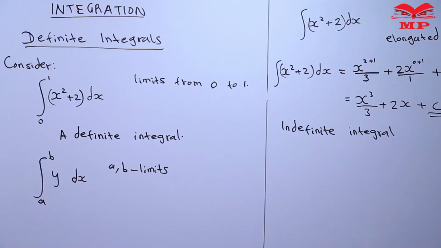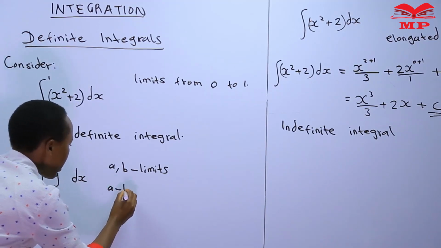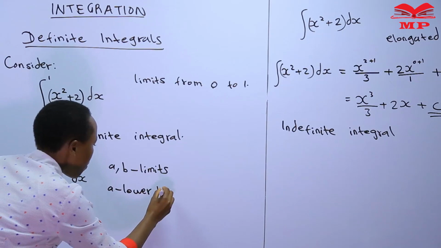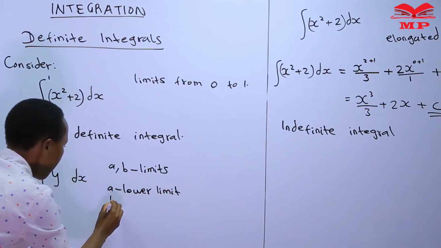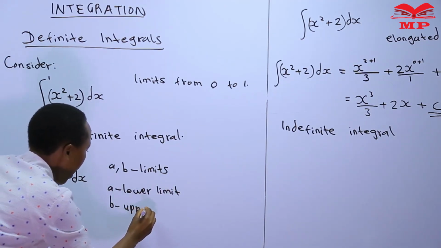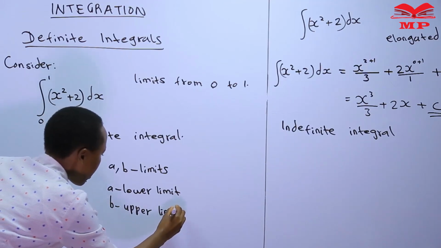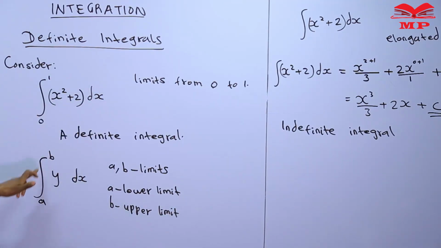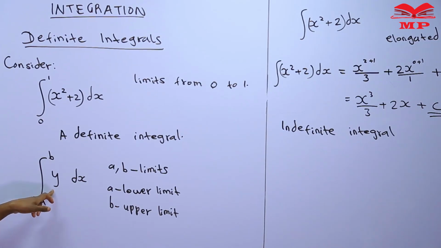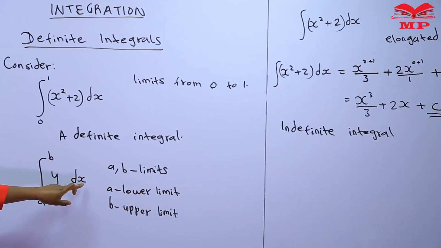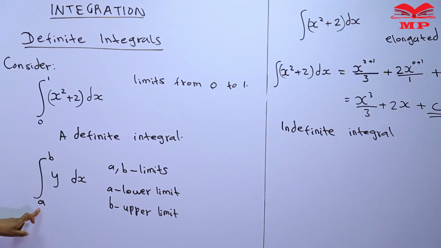A is called the lower limit, and B is called the upper limit. So when we have this, we are supposed to get the integral of y with respect to x under the limits A to B.